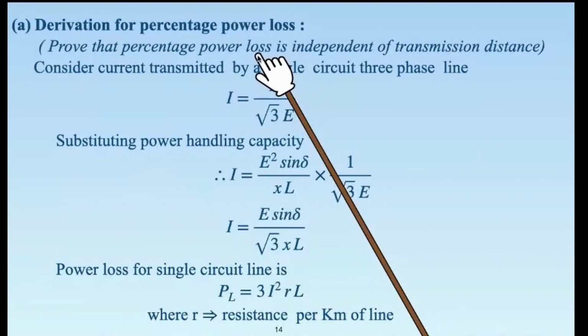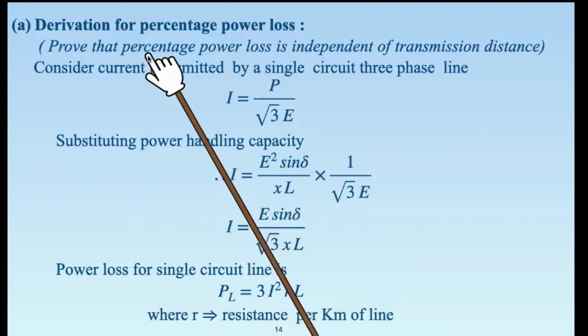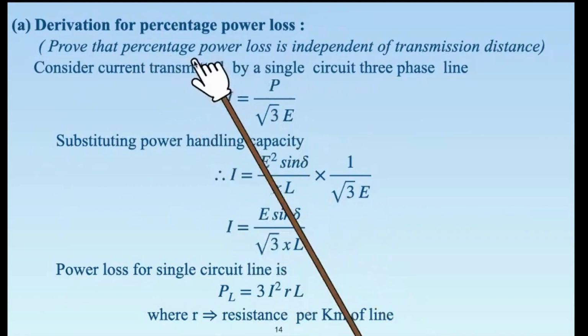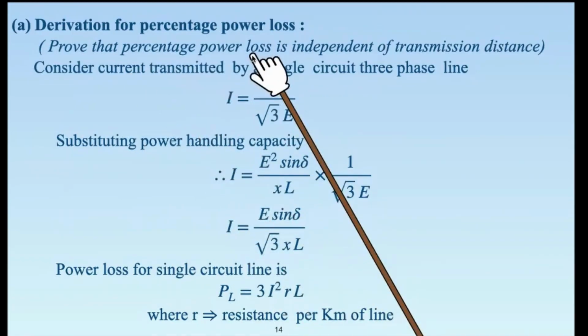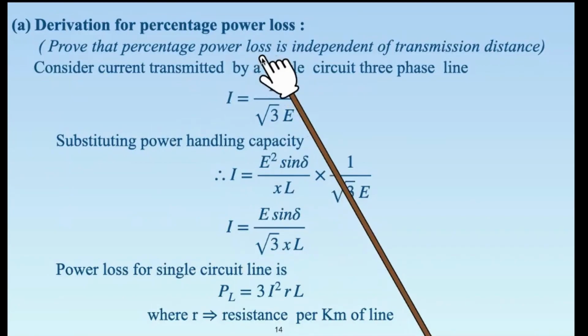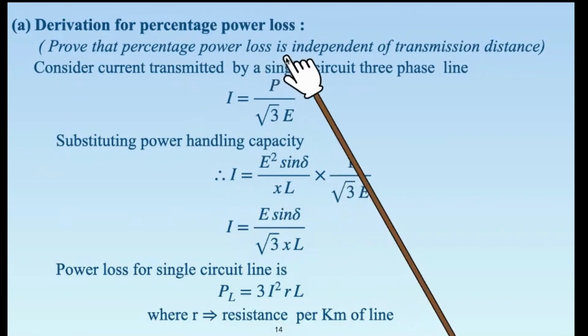Corona power loss is not directly dependent upon the load condition or the system voltage; rather it depends upon several other factors like atmospheric conditions, intensity of electric field, surface roughness of the power conductors, and so on. But at present, we are focusing mainly on the percentage power loss that takes place purely because of transmission lines, and it is an I square R loss.